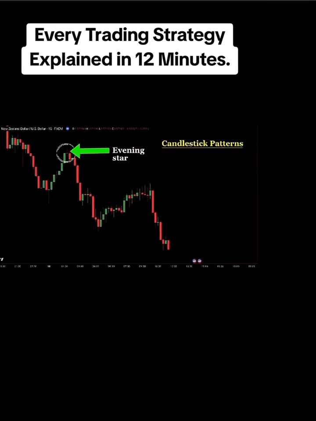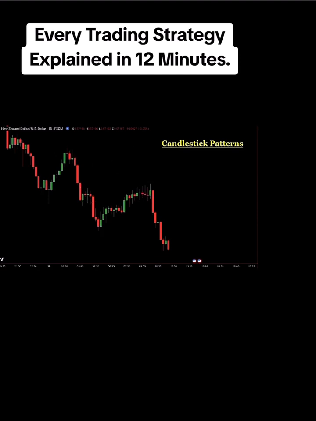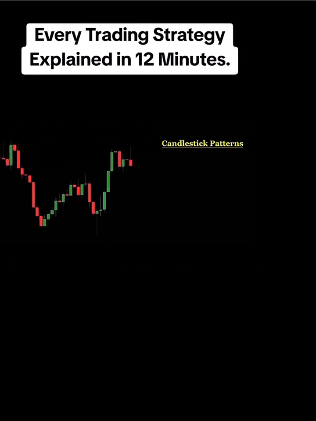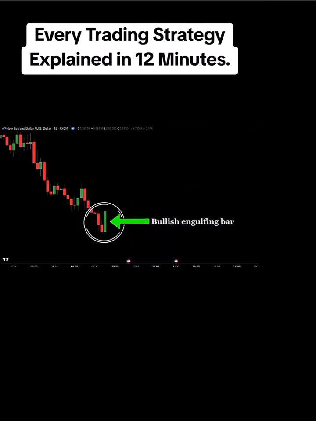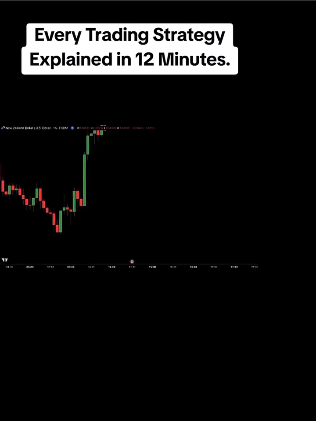Candlestick patterns. Candlestick patterns help traders read market sentiment and predict reversals or trend continuations. Some important candlestick patterns include the hammer, which has a small body and a long lower wick, signaling a potential upward reversal. The bullish engulfing pattern shows a larger bullish candle completely engulfing the previous bearish candle, indicating strong buying momentum.